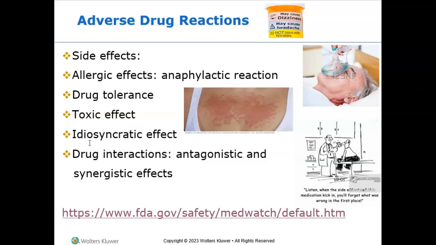So we tend to give Tums either 2 hours before or 2 hours after other medications because it has an antagonistic effect on the medication. It won't let it absorb.